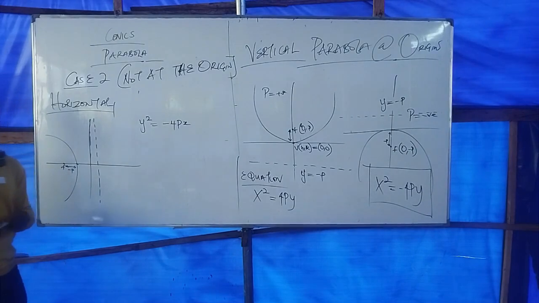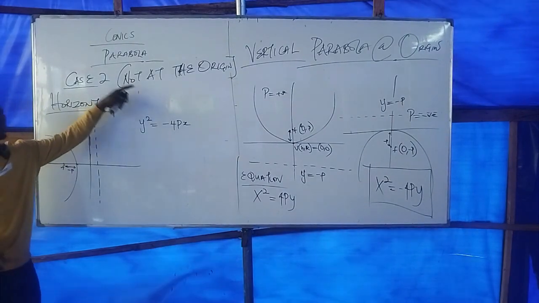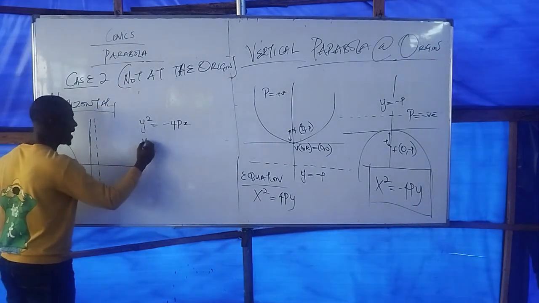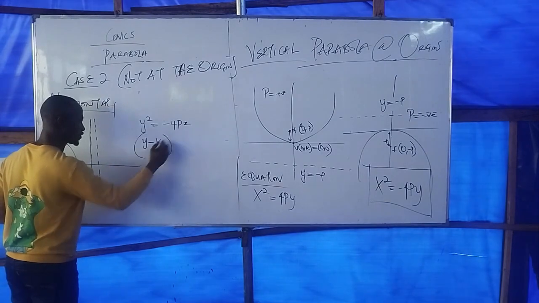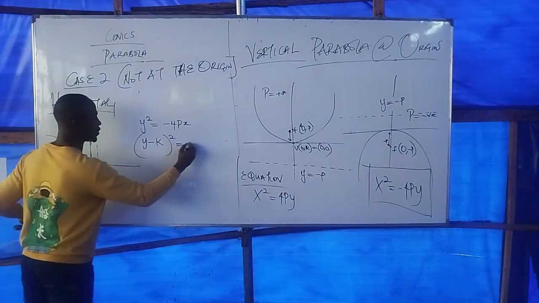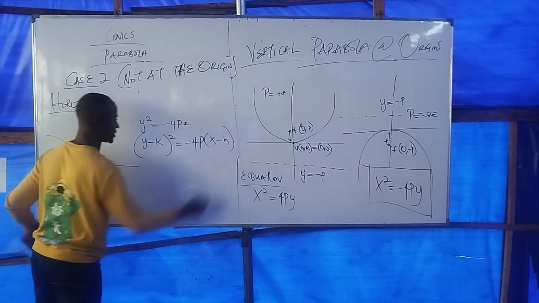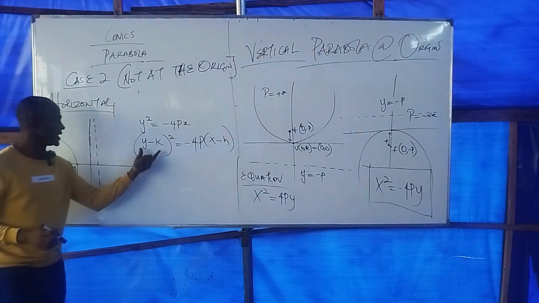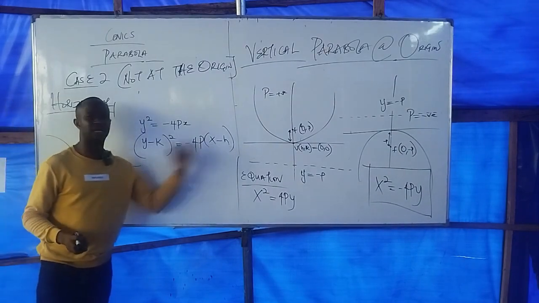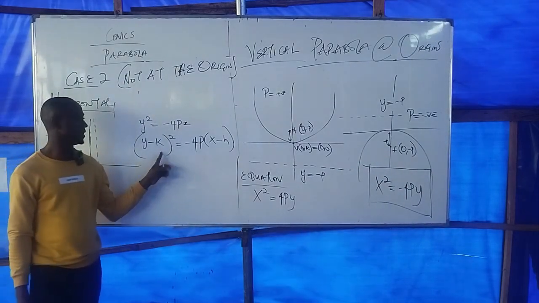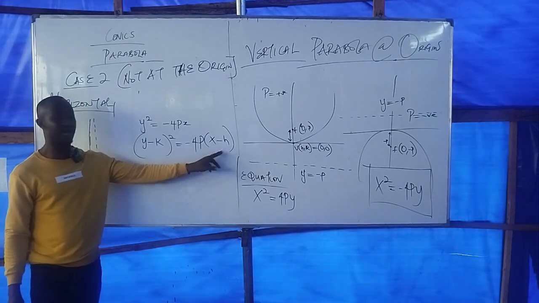But when the parabola is away from the origin, it becomes (y minus k) all squared equals minus 4p (x minus h). Meaning there will be a deviation in y and what? And x. That deviation in y is minus k, in x is minus h.